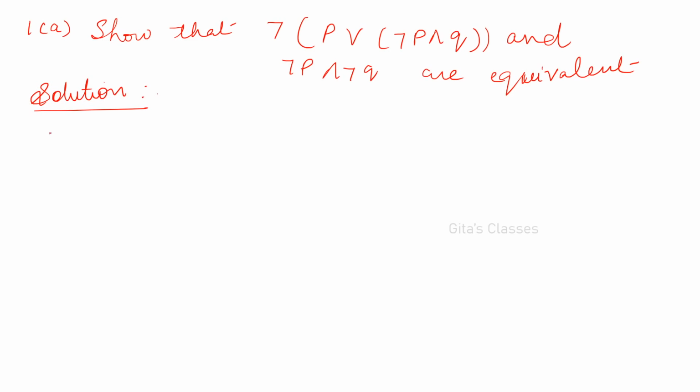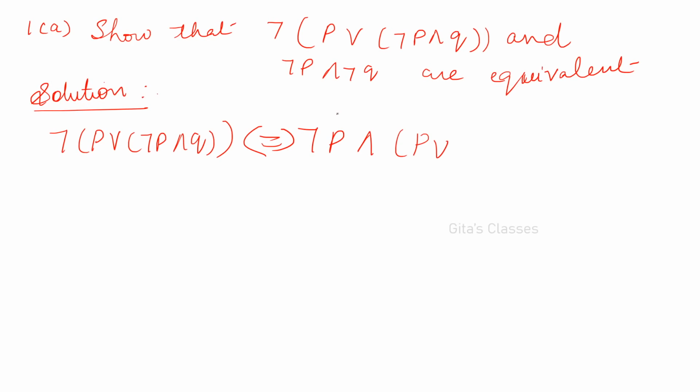Let us consider the first one: not of (P or (not P and Q)) is equivalent to not P and ... So I am going to take this not inside using De Morgan's law. Not of P or not of (not P and Q), this not I am going to take inside using De Morgan's law.